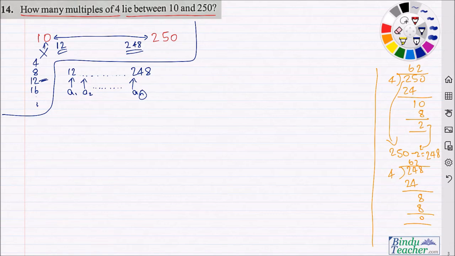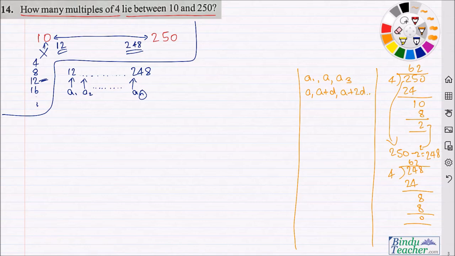Okay, so what do we know about arithmetic progression? A set of numbers A1, A2, A3 are said to be in arithmetic progression if they are of the form A, A plus D, A plus 2D, and so on.